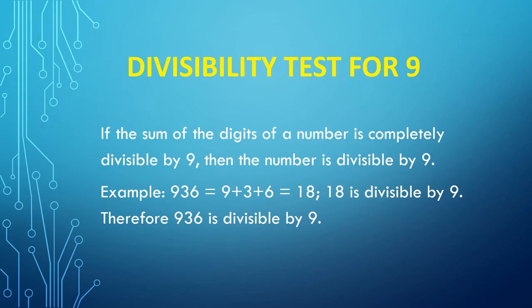In the same way we are going to do the divisibility test for 9. Both tests are the same, but here you are going to use the table of 9. For example, 936: when you add the digits 9 plus 3 plus 6, the answer is 18. 18 is divisible by 9, therefore 936 is divisible by 9.